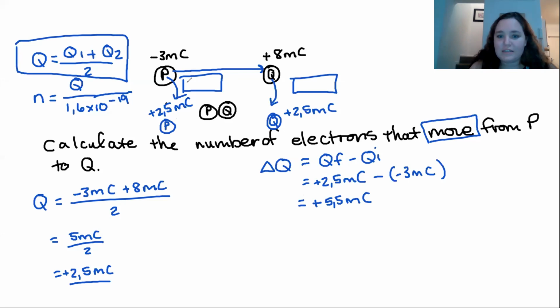If you'd worked it for Q, you did the exact same activity, so this minus that, you'll end up with negative 5.5 millicoulombs.